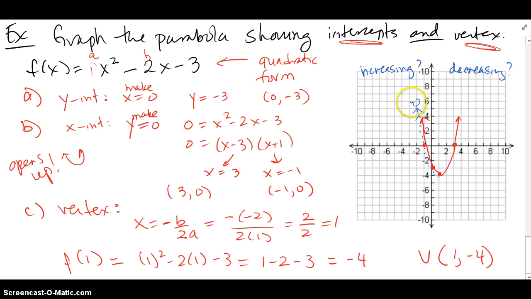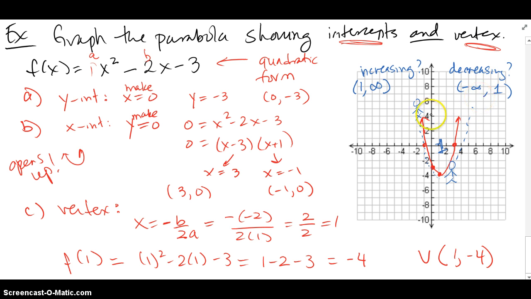So all the way from the left, which is negative infinity, all the x values on the left, up until this x-coordinate of positive 1, which is my vertex, the graph is decreasing. So it's decreasing from negative infinity to positive 1, and then once I pass the vertex, the graph starts increasing. So from positive 1 all the way to infinity, the graph is increasing.